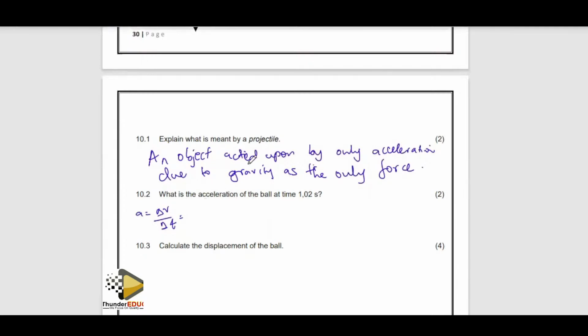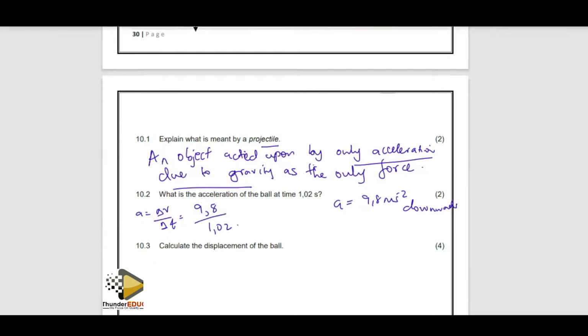Since we said an object acted upon by only acceleration due to gravity is a projectile, and this is just showing us the velocity time graph, and then they ask us for the acceleration, someone can say it's 9.8 meters per second squared downwards. But if we are to use the figures on the graph, change in velocity is going to be 9.8 over the 1.02.